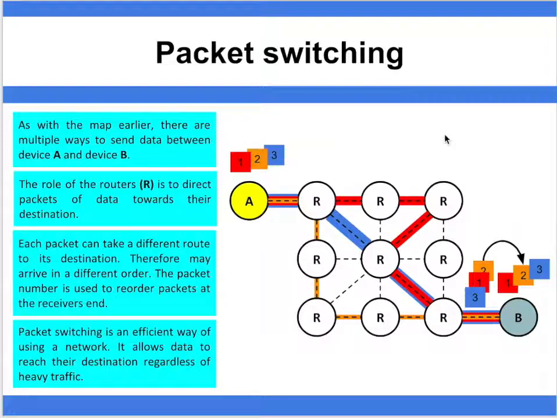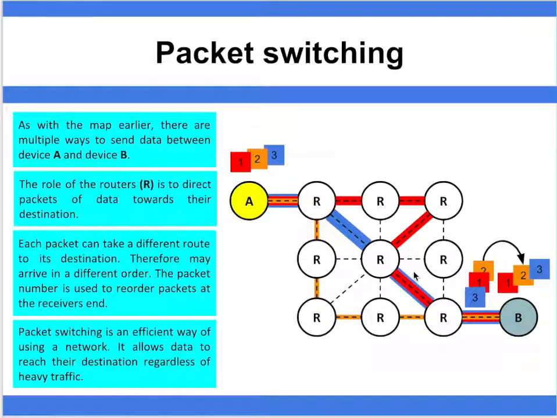So we can see here that packet number 1, because that's what it's been labelled in its order of sequence, has gone all the way across the 3 top routers, then it's gone diagonally left, diagonally right, and then it's arrived at computer B. Packet 2 has gone initially into the first router, then down to the very bottom router, and then all the way across to the end, and then packet 3 has gone entirely diagonally across.